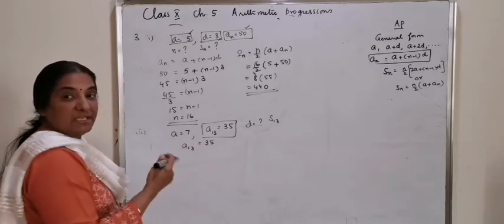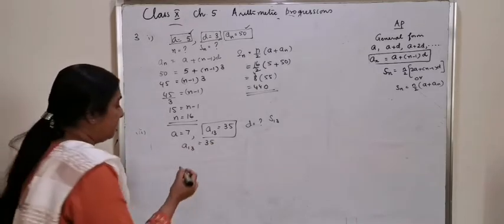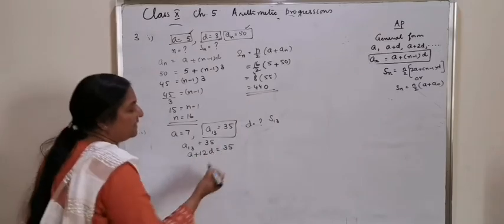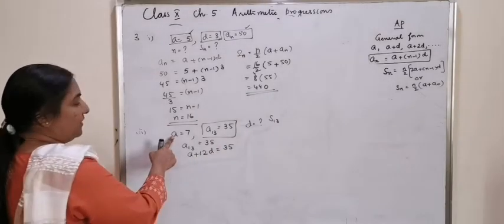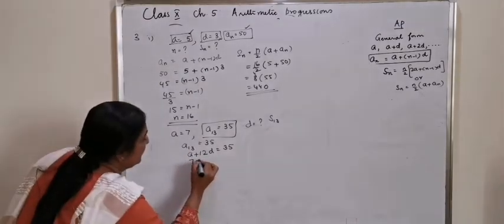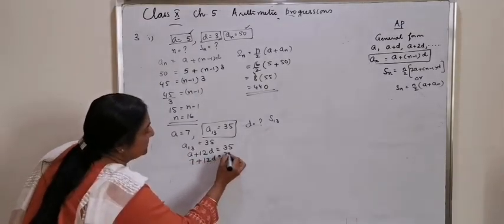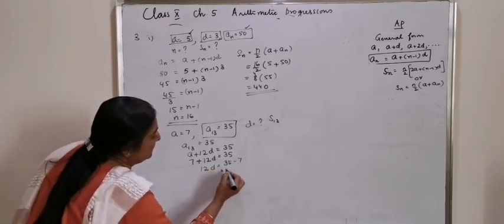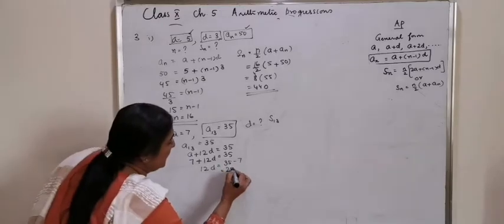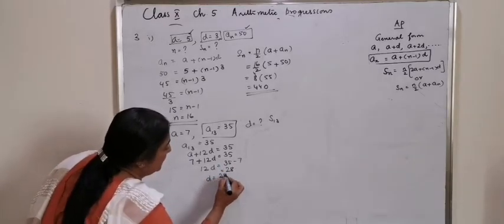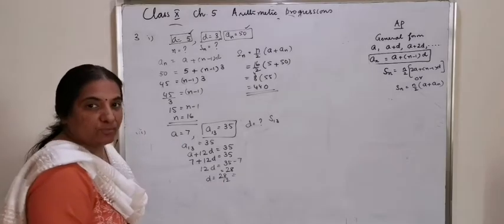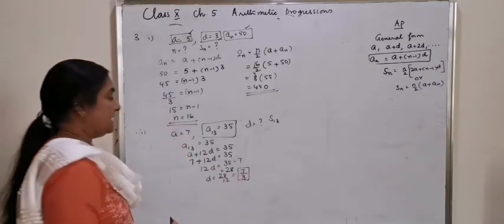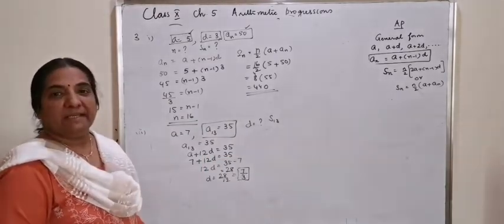How do you change A13 into an equation? It is A plus 12D is equal to 35. Now, the value of A is known to you. So, 7 plus 12D is equal to 35. 12D is equal to 35 minus 7, which is equal to 28, or D is equal to 28 by 12, divided by 4 is 7 by 3. That means the D value is 7 by 3.